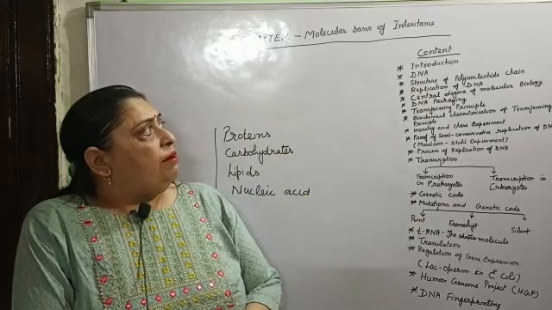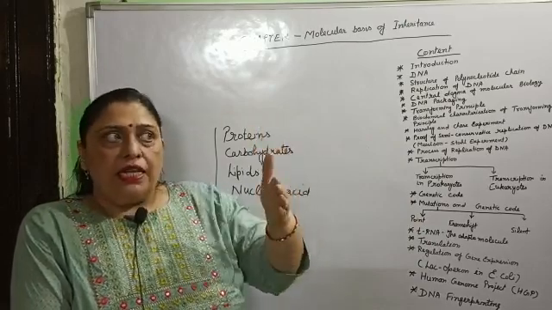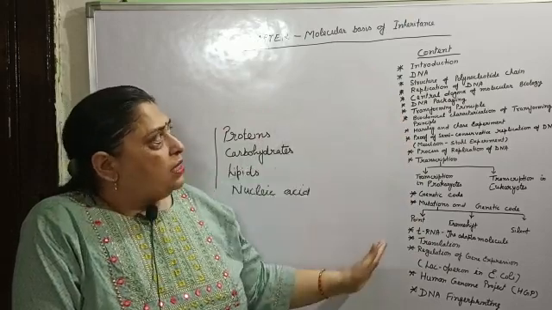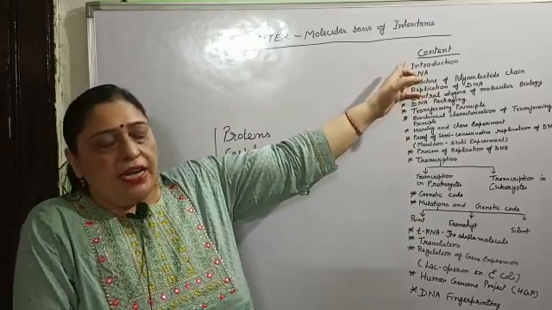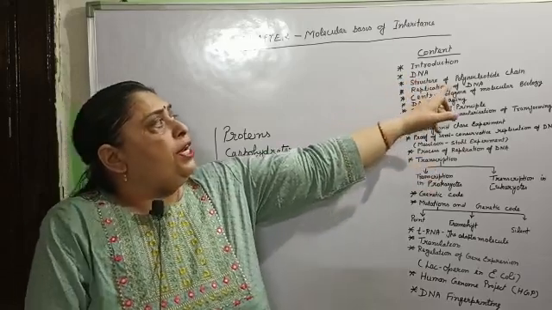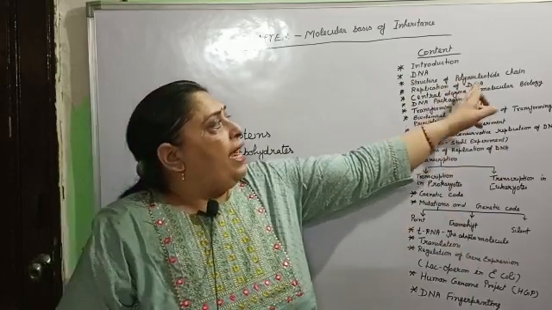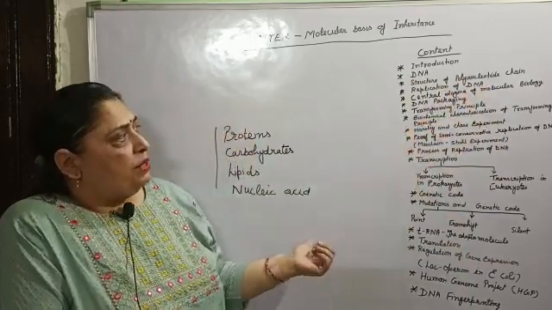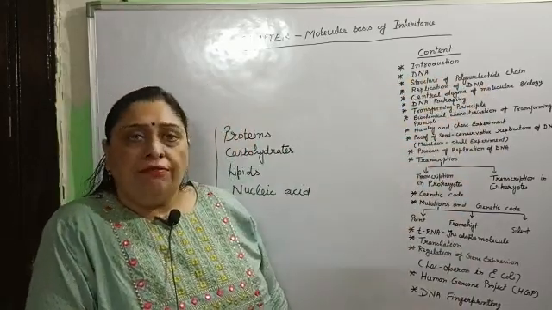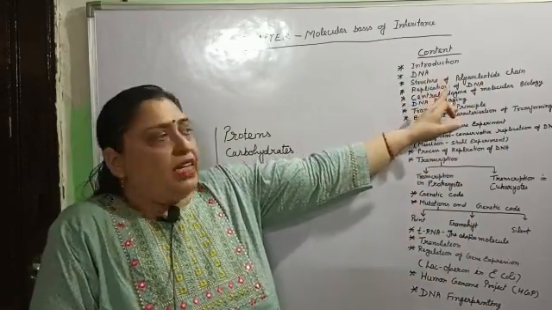In this chapter, we will study the following subtopics. This is the introduction, what I discussed with you. After that, DNA, structure of polynucleotide chain, and we know polynucleotides are the nucleic acids. We will study the structure of DNA, then replication of DNA.